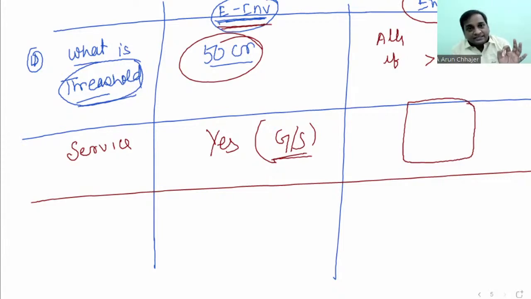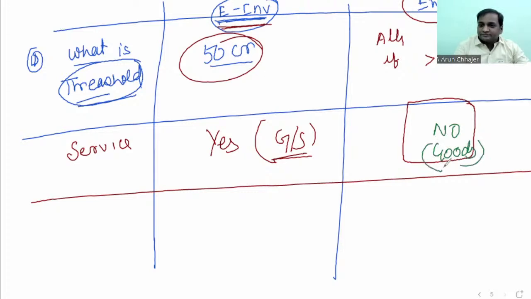In case the transaction is supply of service, do we need to generate the Eway bill? Answer is no, it is only for goods. Not for service. It is only for goods, not for service.